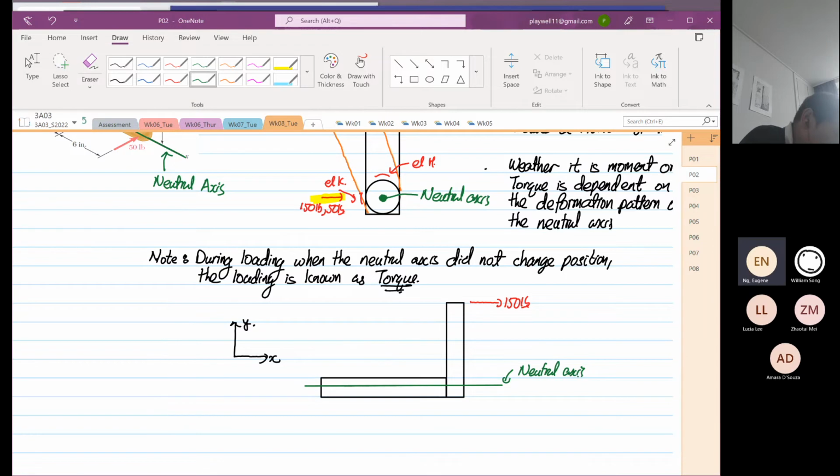Then we have our element H. And then we have our element K. So during deformation, our structure will deform like this.